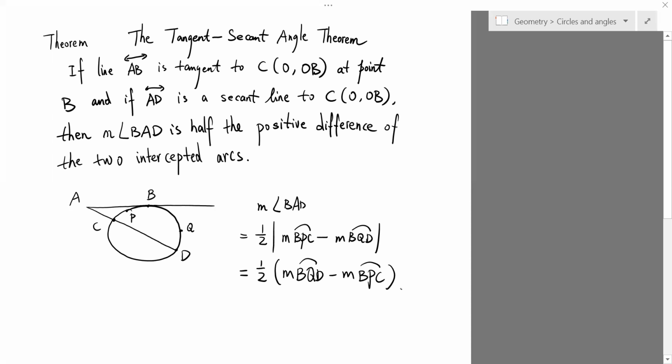Compared to the two tangent angle theorem, you can easily see that these two theorems are sort of supplemental to each other. Now, without further ado, let's look at the proof of this theorem.